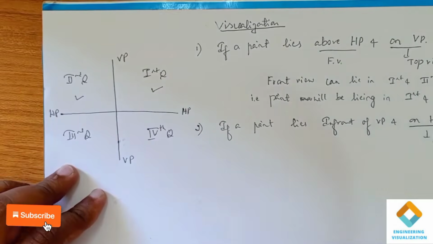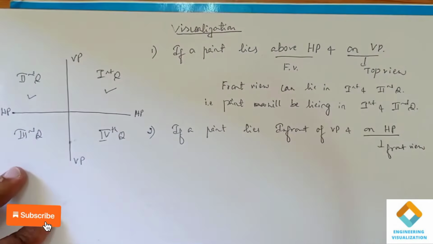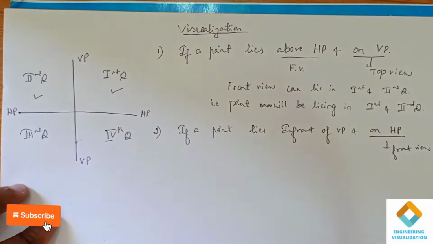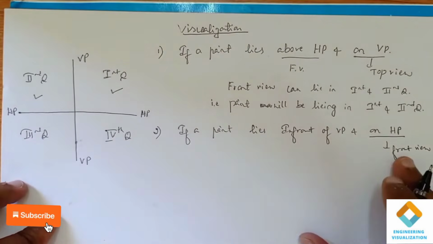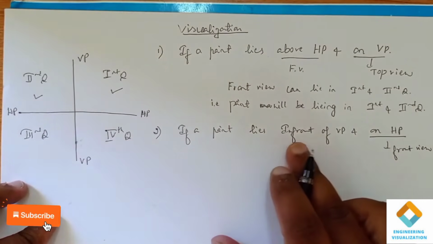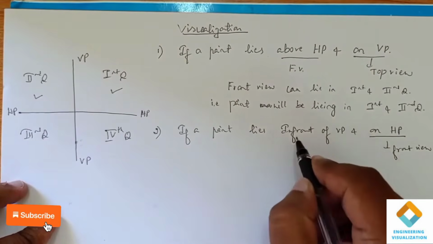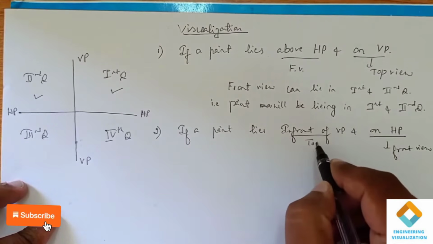Then we have to see further: in front of VP means it is a top view.